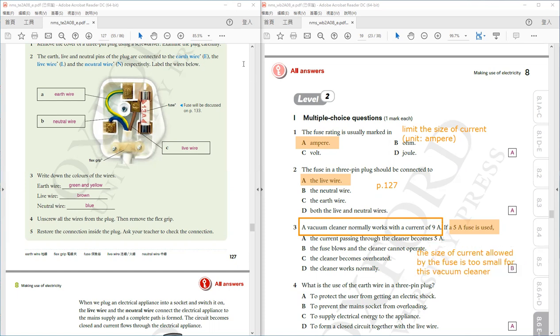Therefore, that vacuum cleaner has to use a 9A current. This is too large for the fuse. The fuse will blow, and the cleaner cannot operate. So the answer is B.